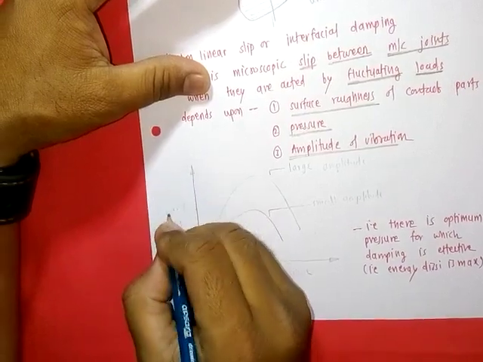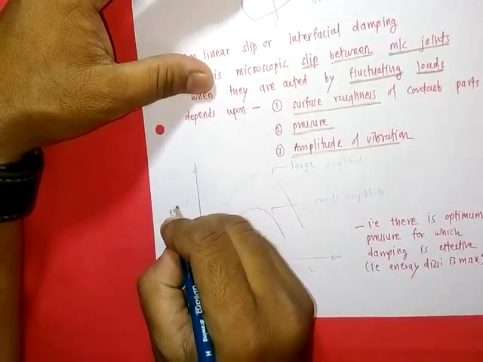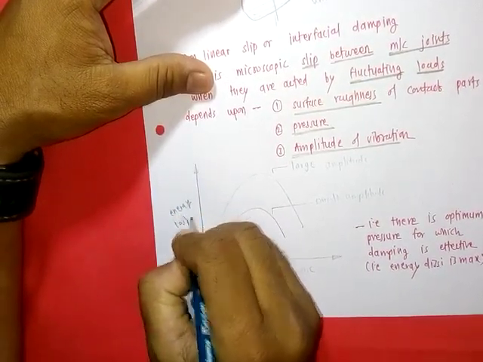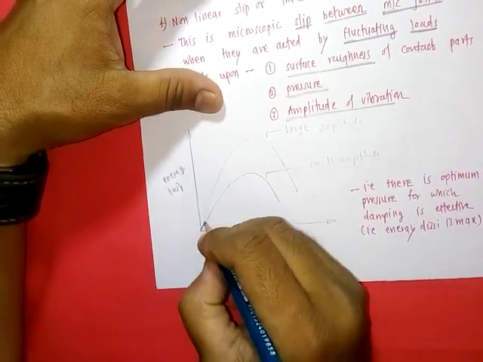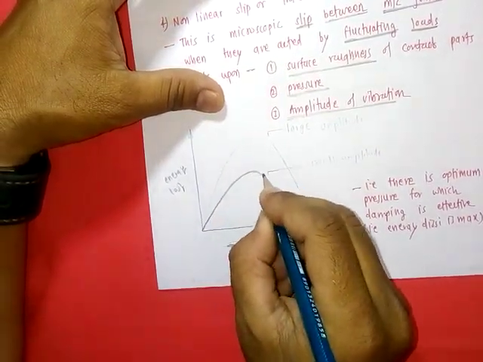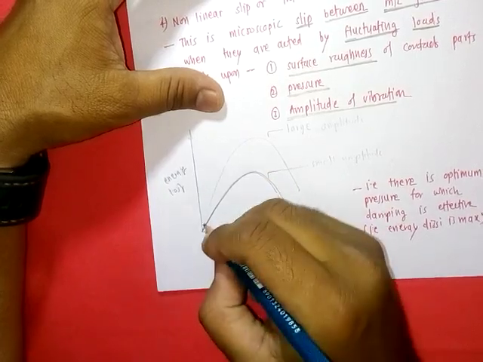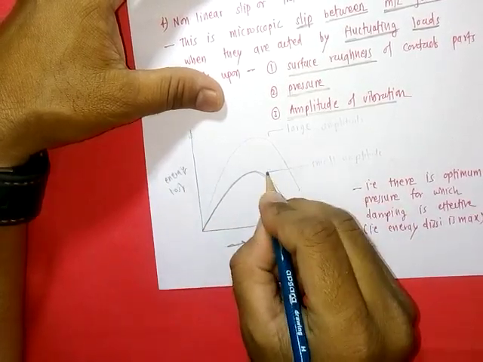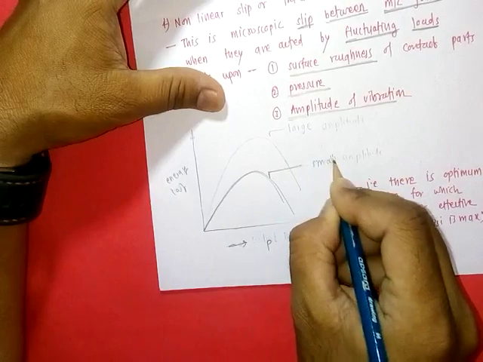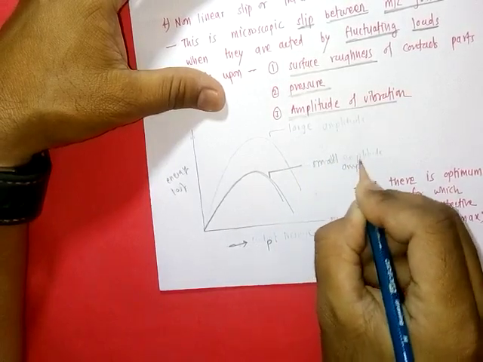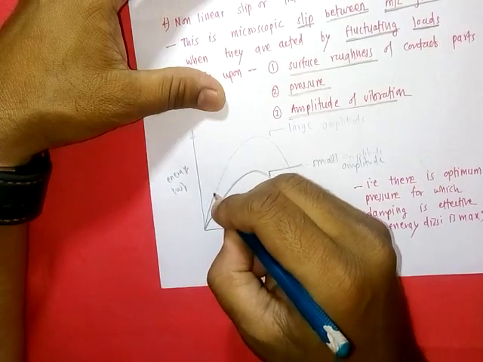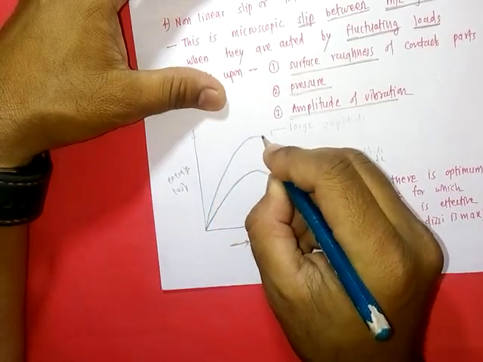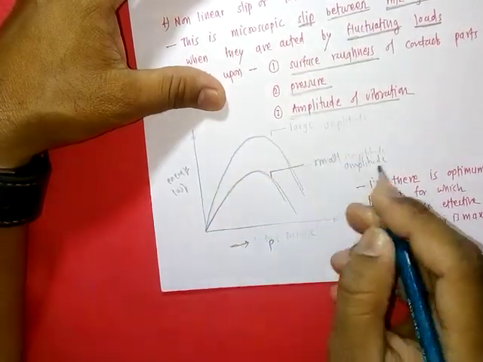If we draw a graph of energy lost in damping versus this contact pressure, then the graph forms this nature. Again, for small amplitude situations, if we increase the amplitude, the same nature is observed but with higher peak values.